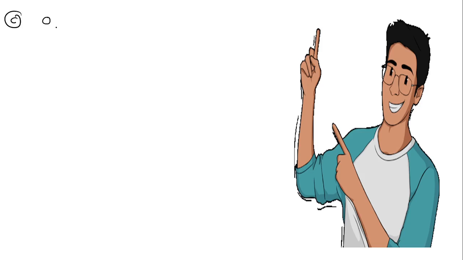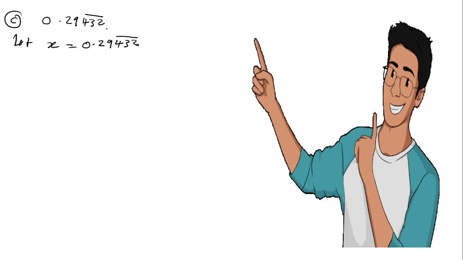So what you're going to say, you're going to say let x be equal to 0.29432 bar. But if you look at the bar, the bar is a bit far from these other digits. The bar is not on all of these.